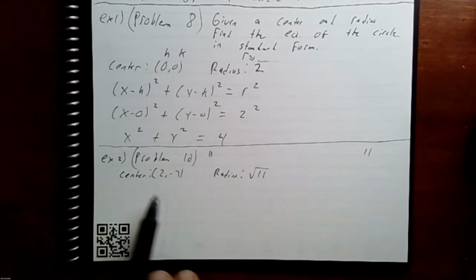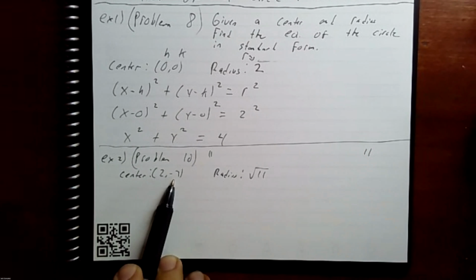So this is my H and K. Remember, in the formula, there's a built-in negative, right? So see how the signs switch. Be careful with your signs.